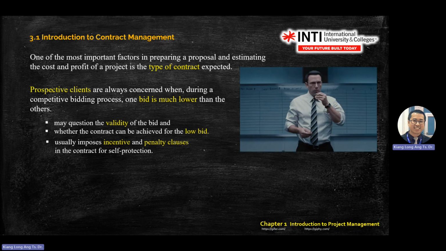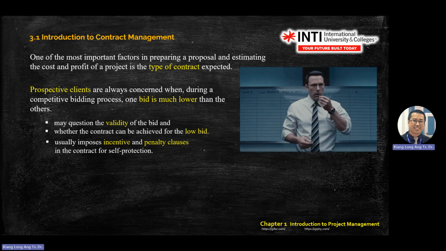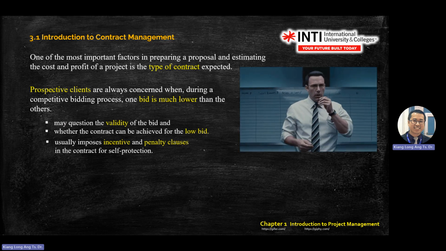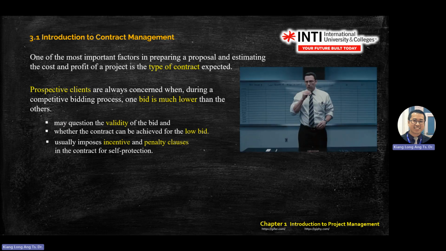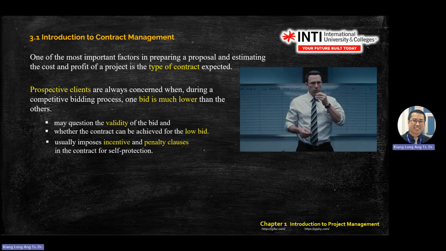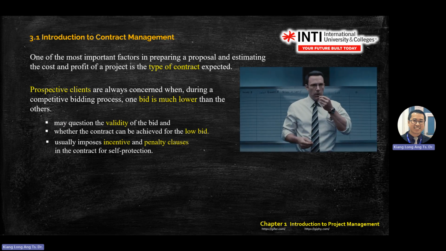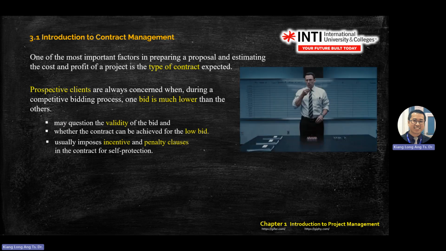You need to bid by giving a quotation. For Inti, we have a policy of at least 3 quotations if you want to purchase a particular piece of equipment. Other companies maybe need 5 or 6. It depends. Okay, so these are the things you need.